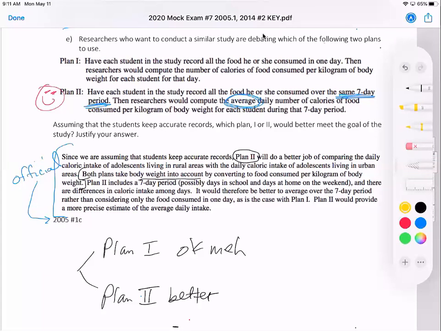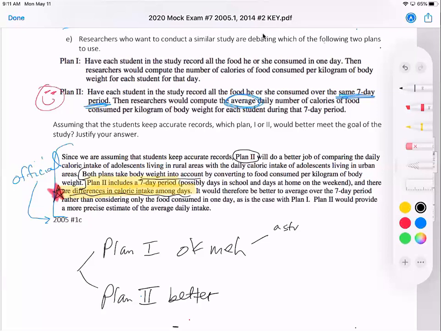But right here we get, Plan 2 includes a 7-day period, and there are differences in caloric intake among the days. That's really important, that there are differences in caloric intake. So when you're talking about Plan 1, it's only okay because maybe you give a concrete example.